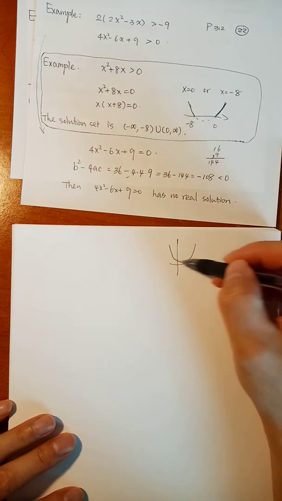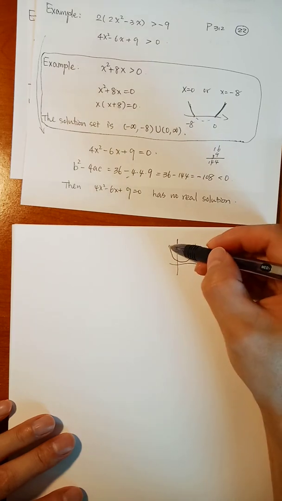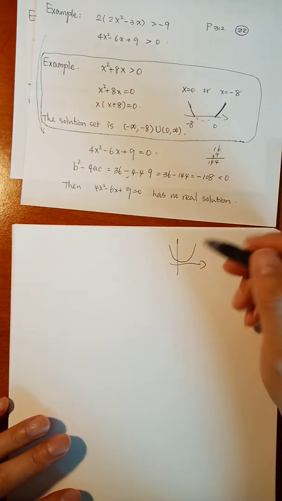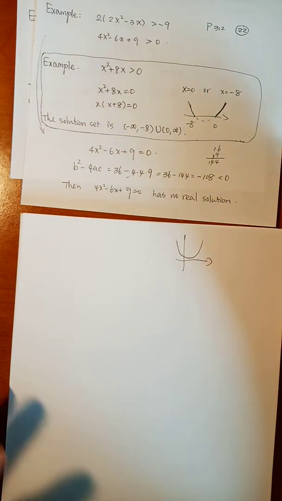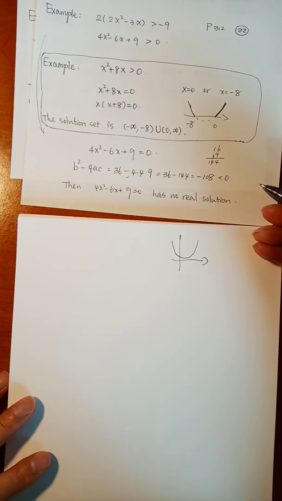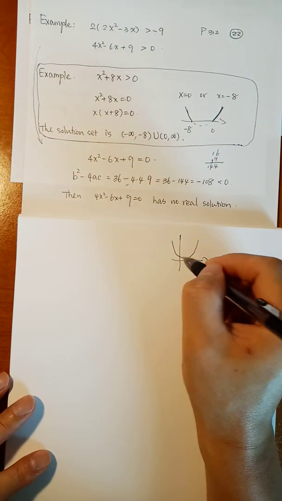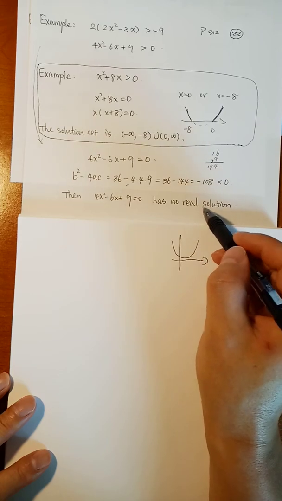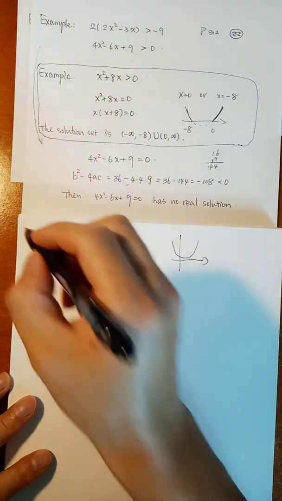The graph does not touch the x-axis, which means the whole graph is always above the x-axis. So for whatever input, the expression is always greater than 0. Because of this, when the discriminant is negative, the quadratic equation has no solution.